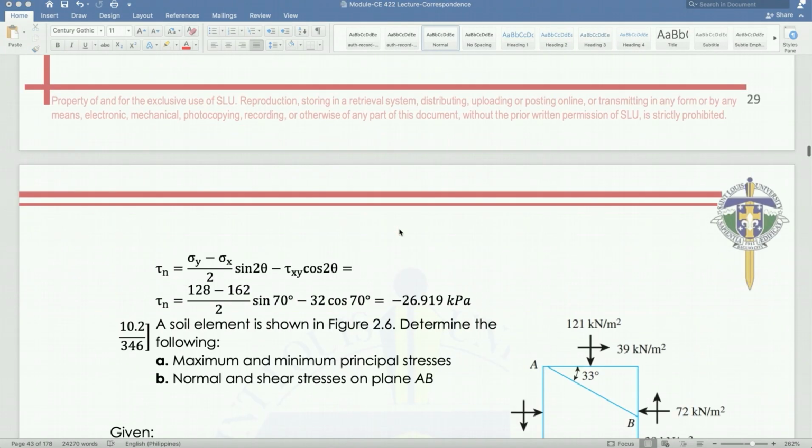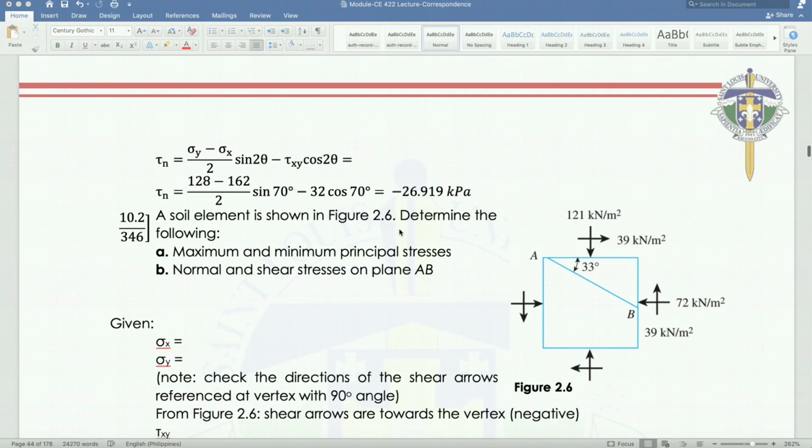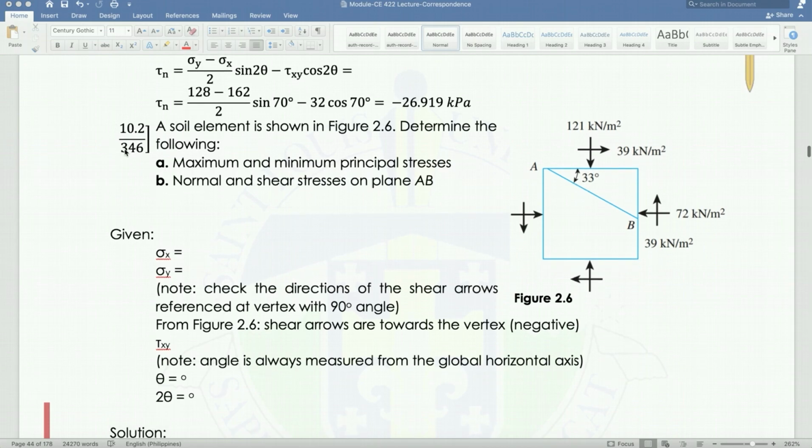Let us now proceed with our next example. So we have here example 10.2 of page 346. A soil element is shown in figure 2.6. So determine the following: A, the maximum and minimum principal stresses, and B, the normal and shear stresses on plane AB. So this is our plane AB.